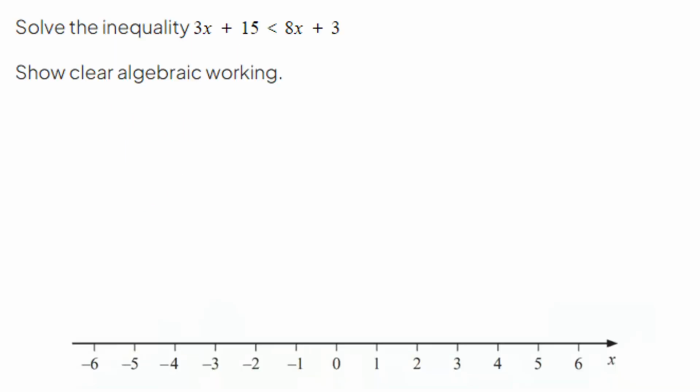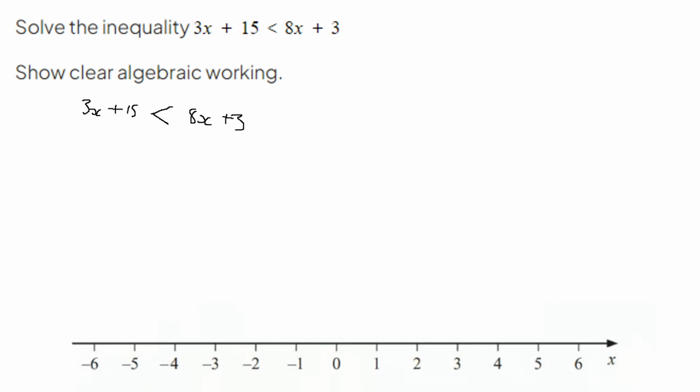We can also do something with this. Solve the linear inequality 3x plus 15 is less than 8x plus 3. Show the algebra working clearly. It's exactly the same as solving an equation.